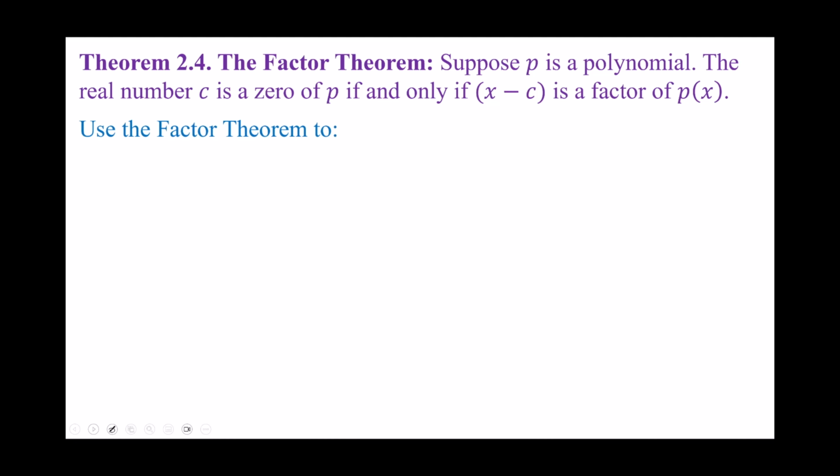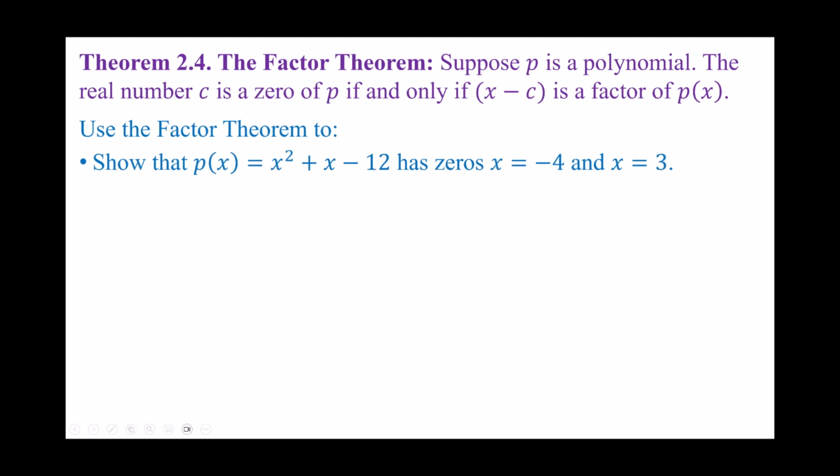So let's use this factor theorem to show that x squared plus x minus 12 has zeros x equals negative 4 and x equals 3. So we need to show that there are factors of x minus a negative 4 and x minus 3. Well, let's factor this.